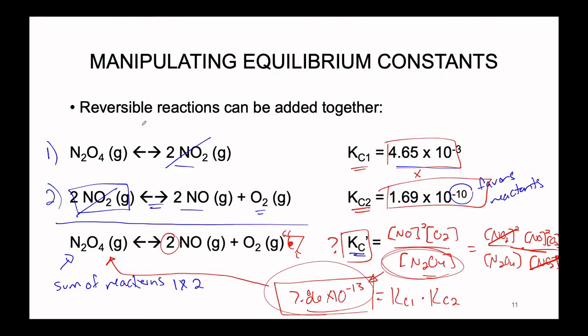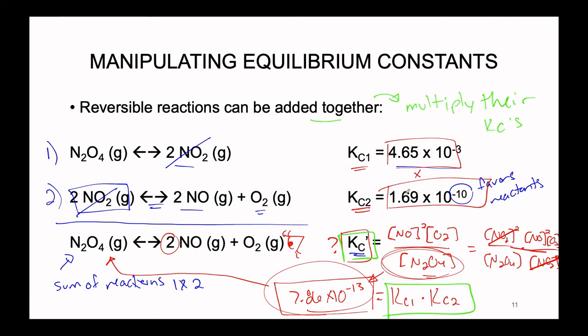Our second manipulation was taking a reversible reaction and adding it to another reversible reaction. If we do this, then we are going to multiply their Kc's, which is exactly what we saw here. The reason, as the math worked out, is that when we lay out the ratio of products to reactants for this new Kc prime, it was exactly the multiple of the equilibrium constants for the previous reactions that were added together.